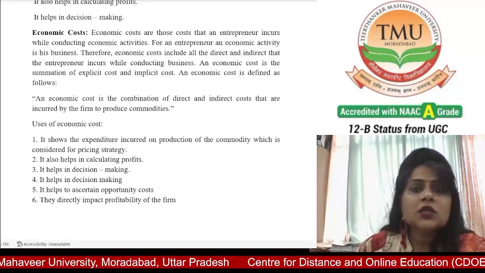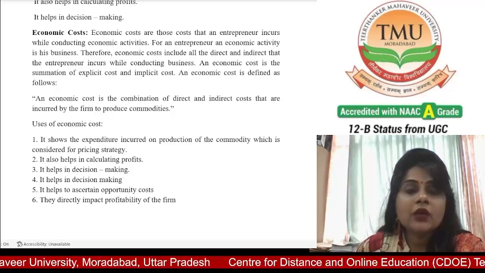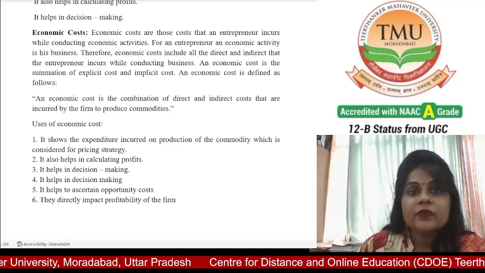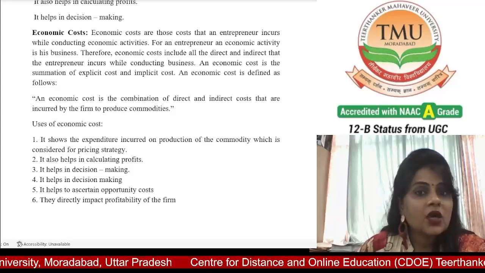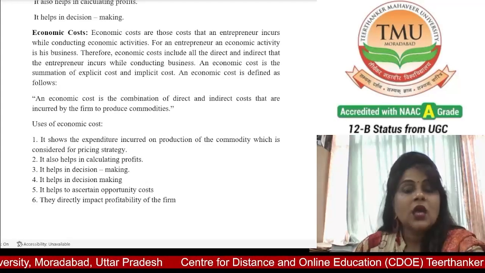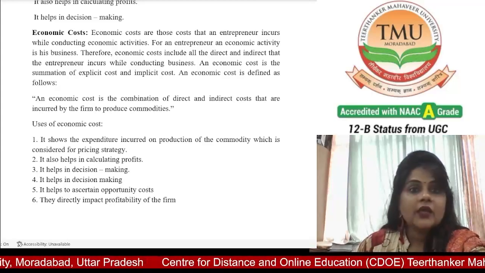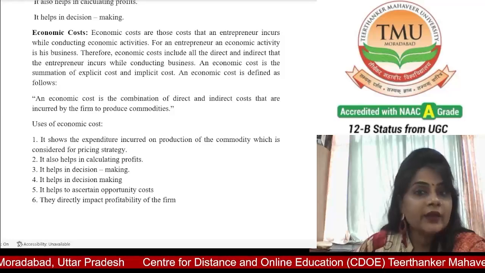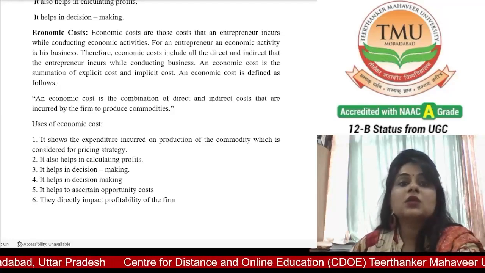Therefore, economic costs include all the direct and indirect costs that the entrepreneur incurs while conducting business. And economic cost is the summation of explicit cost and implicit cost. Economic cost is the combination of direct and indirect costs that are incurred by firms to produce commodities.